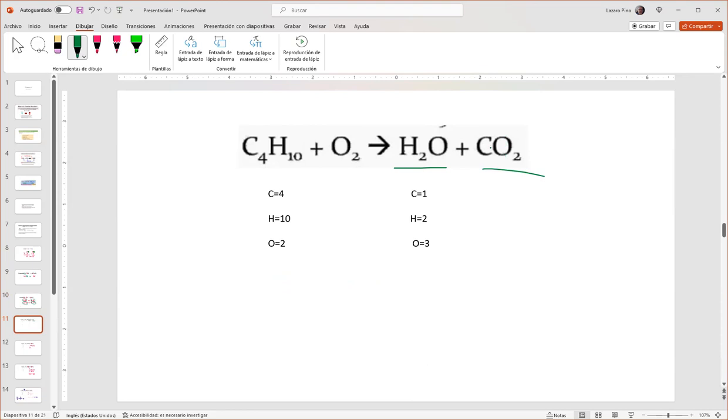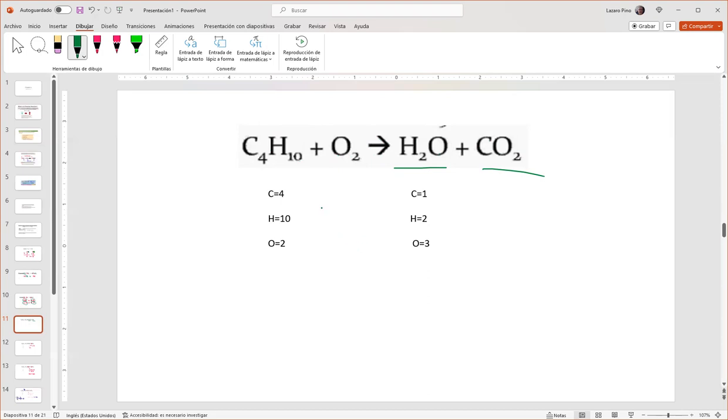Nowadays, the production of carbon dioxide is very dangerous because it's increasing the temperature of the air on Earth.